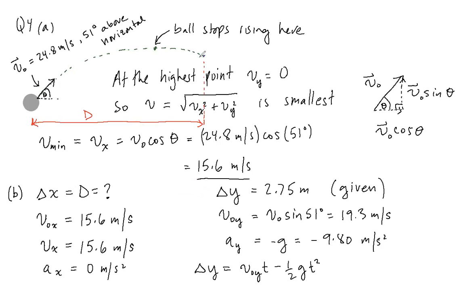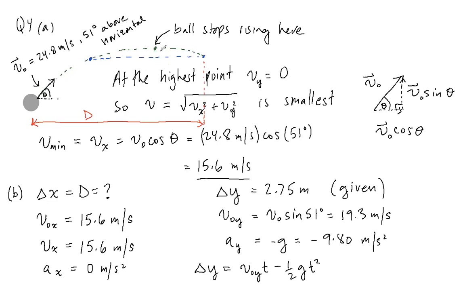It happens here, but you see it also happens over here. So it happens early on, and then it happens again later. And we're interested in the later time because that's the time that the ball is going into the goal.